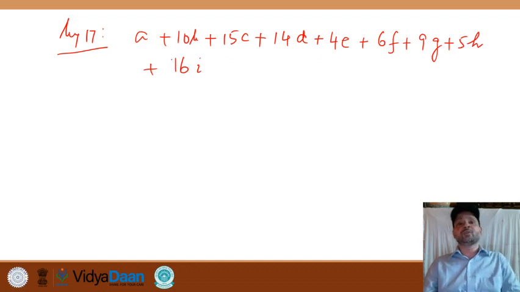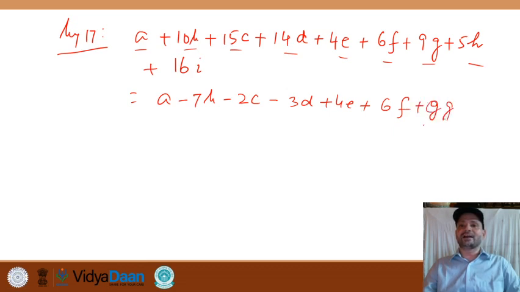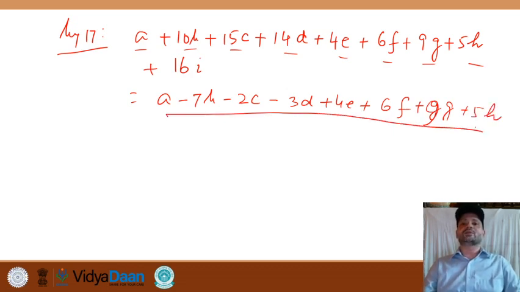Now you see here that after you count the number of digits, 1, 2, 3, 4, 5, 6, 7, 8. Now in 17 you have to go up to 8. Now this can be further written as a minus 7b minus 2c minus 3d plus 4e plus 6f plus 9g plus 5h. So this way you can check whether the number is divisible by 17 or not.